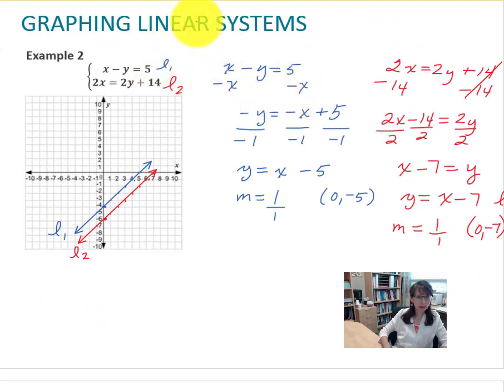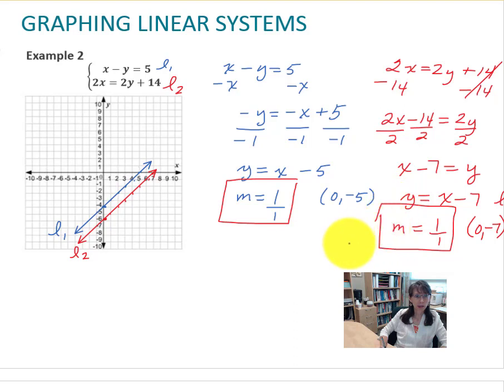So it all comes down to comparing our slopes. Notice that the first line has a slope of 1 and our second line has a slope of 1. But the y-intercepts are actually different values. So as long as the slopes are exactly the same, we should end up with parallel lines, and this means that there's no solution to the system because those lines are never going to share a point.